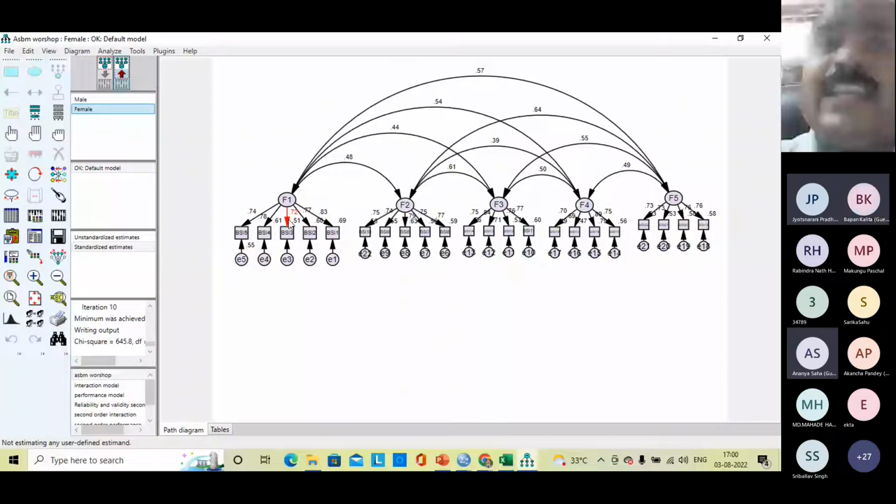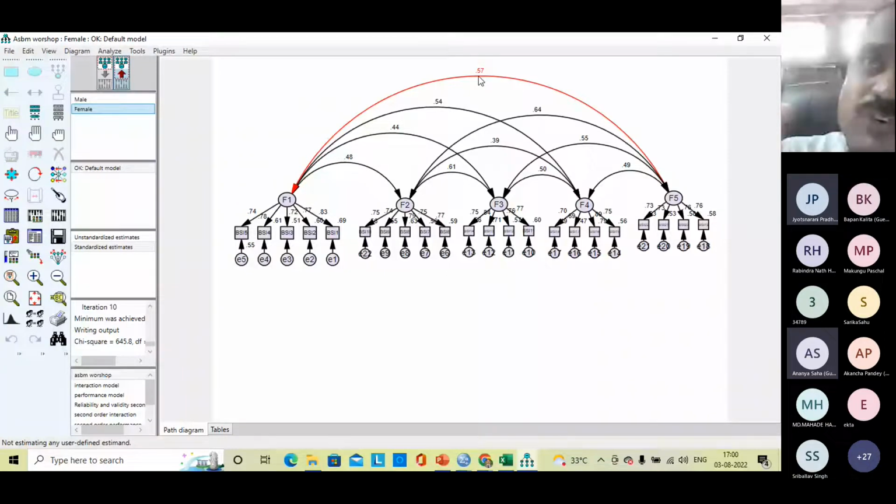For the sake of example, I have taken factor loadings one by one, but later on I will cover other parts: the chi-square difference of any covariance, or factor loading difference based upon chi-square, or path loading or path regression magnitude by chi-square. So many other things are there.